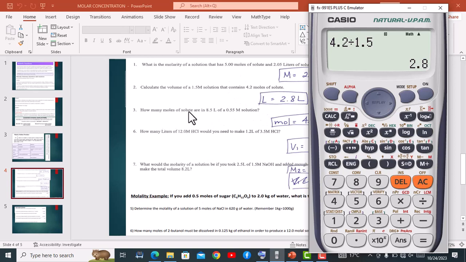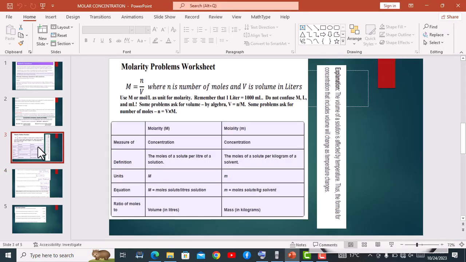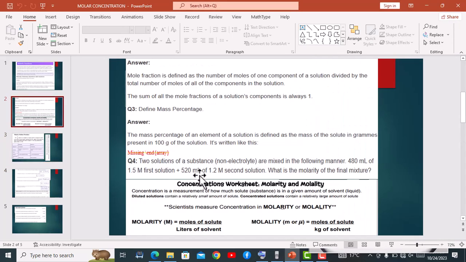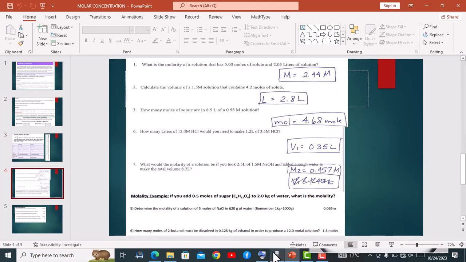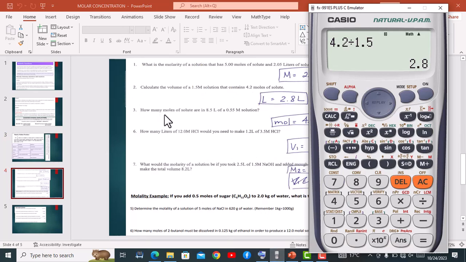How many moles of a solute are in 8.5 liters of 0.55 molarity solution? We saw that the number of moles equals volume multiplied by molarity. So in order to find the number of moles of the solute, we just multiply the two.